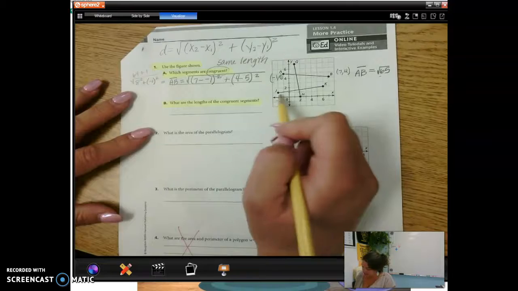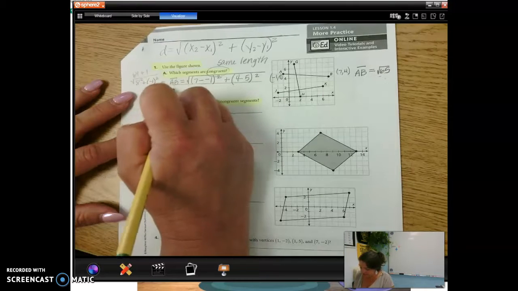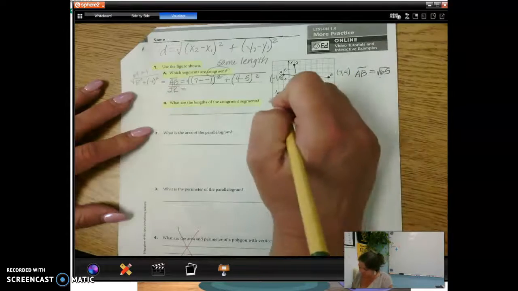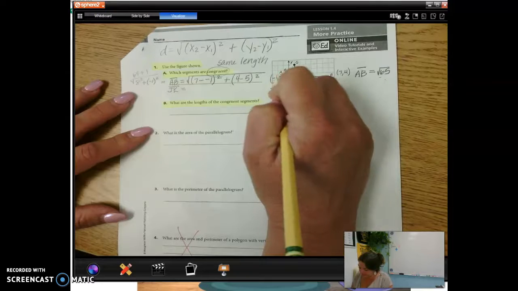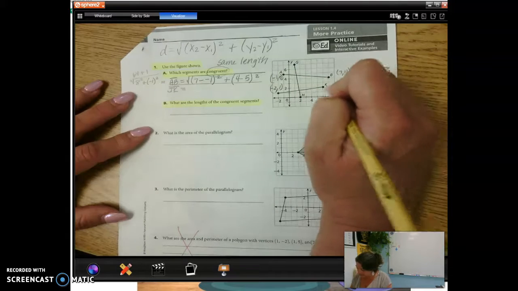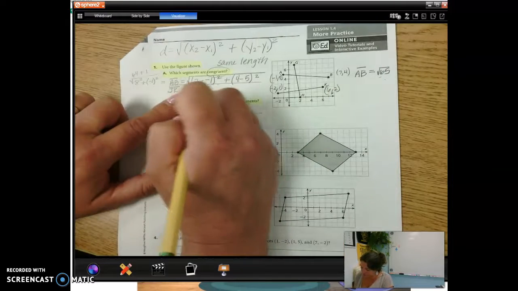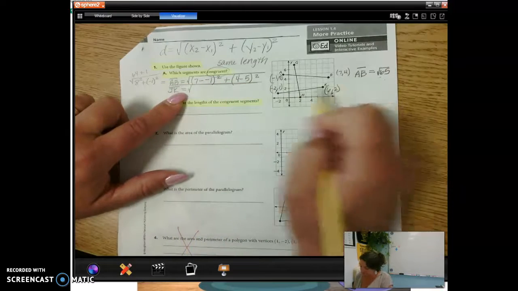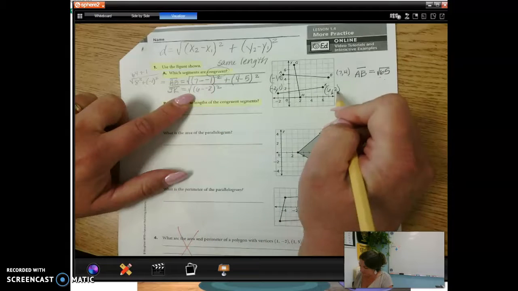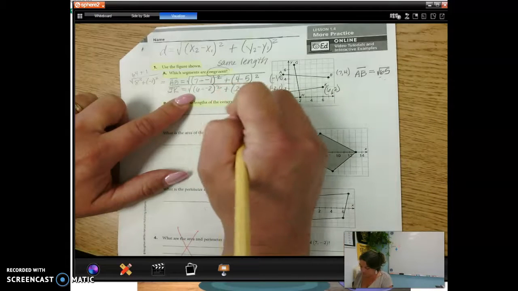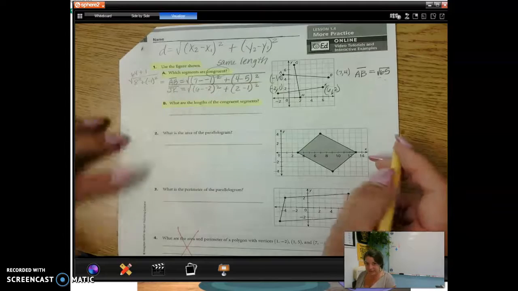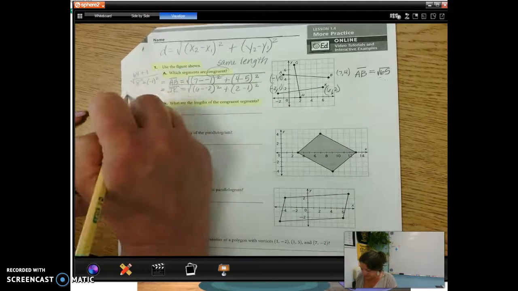Let's go find the length of JK. This point is back here at -2, 1. This point is at 6, 2. And let's go do the distance formula. 6 minus -2, and then 2 minus 1. 6 minus -2 is going to be another 8.